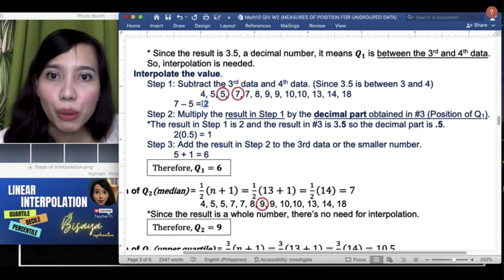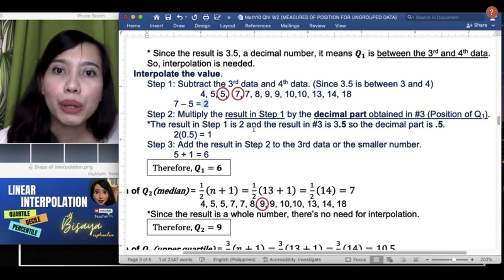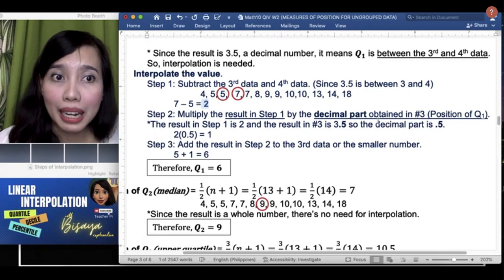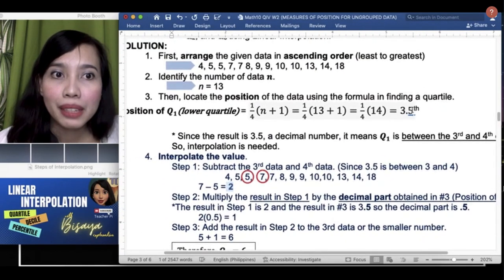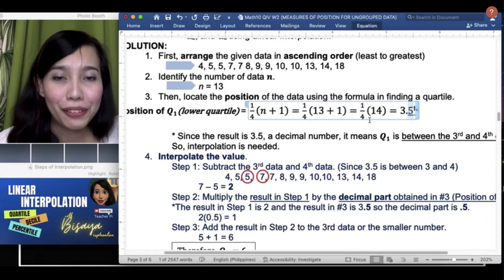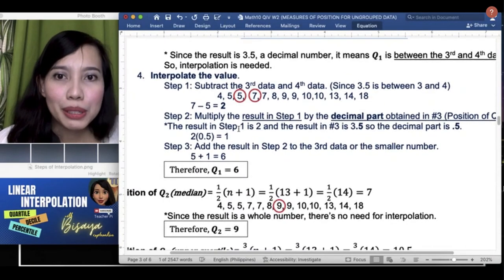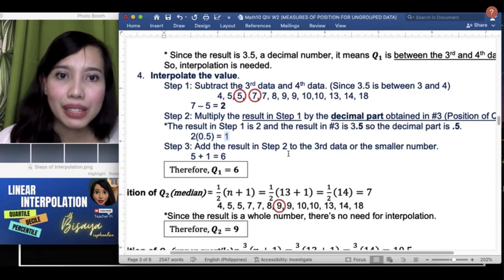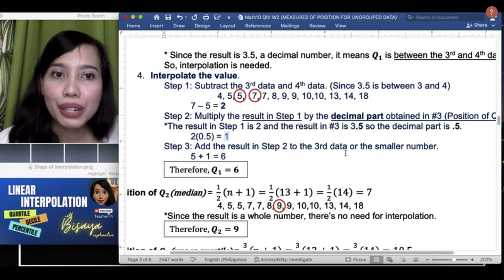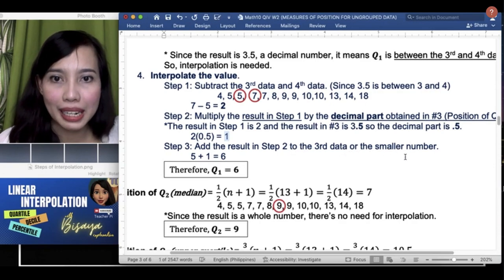What are we going to do with 2? We will multiply it by the decimal part obtained in step 3, the position. The decimal part is 0.5, right? So let's multiply. 2 times 0.5 is just 1. Then add the result in step 2 to the third data, or the smaller data.